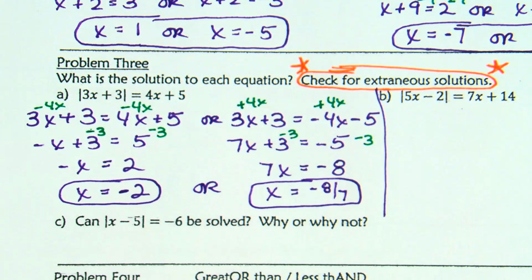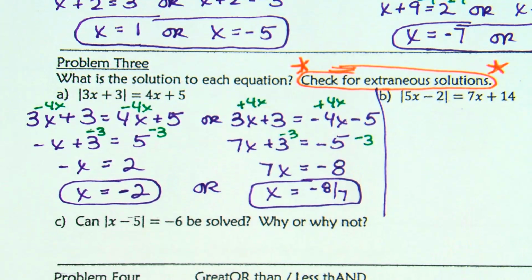So start in the absolute value there. 3 times negative 2, negative 6 plus 3. What's negative 6 plus 3? Negative 3. And what's the absolute value of negative 3? 3. So my left side is a 3, yes?